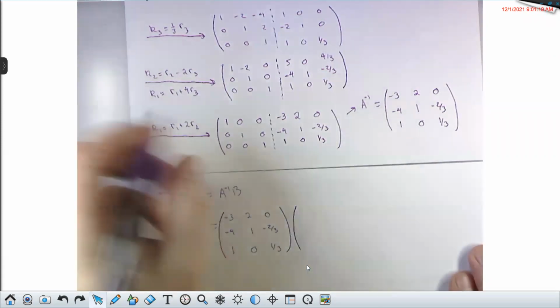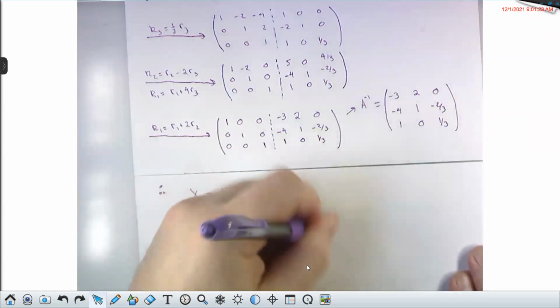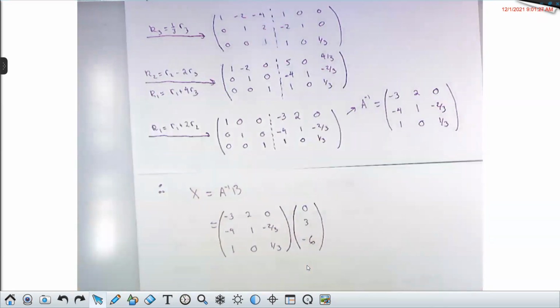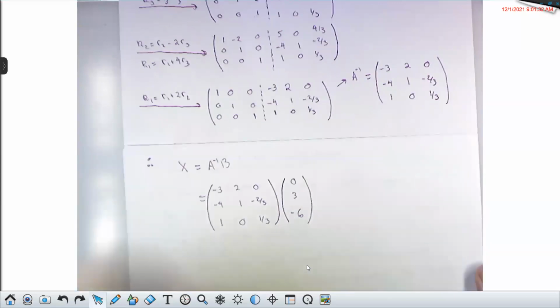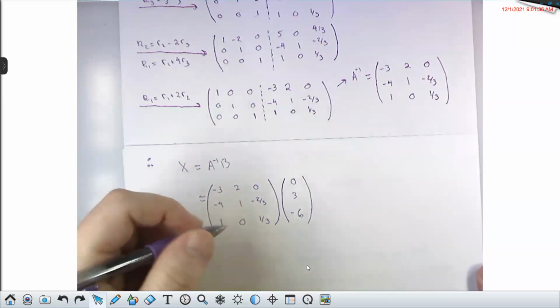And B was our right-hand side, 0, 3, -6. So if I carry out this matrix multiplication, I will get my column of solutions.